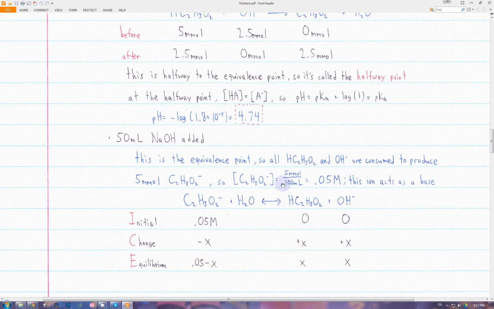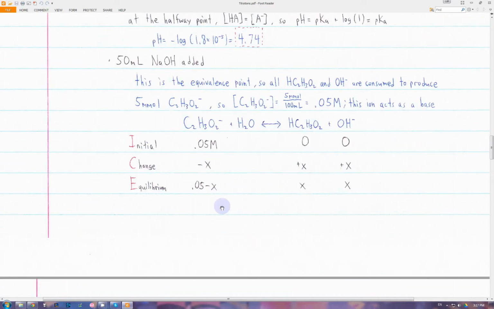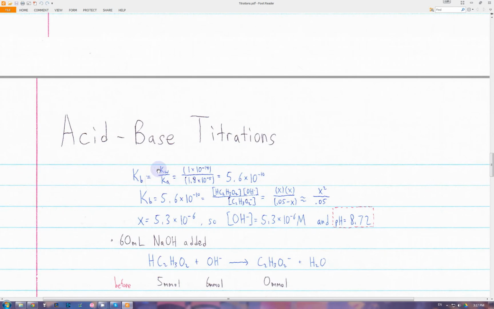So we do the ICE chart, starting with 0.05 molar of acetate ion. And then we just plug this into the Kb expression for the acetate ion. Remember, we can find the Kb of the acetate ion by doing Kw over the Ka of acetic acid, since for any weak acid and its conjugate pair, Kb times Ka equals Kw.